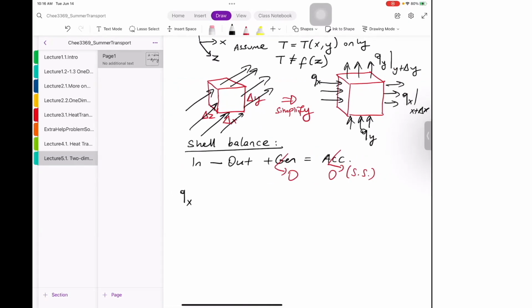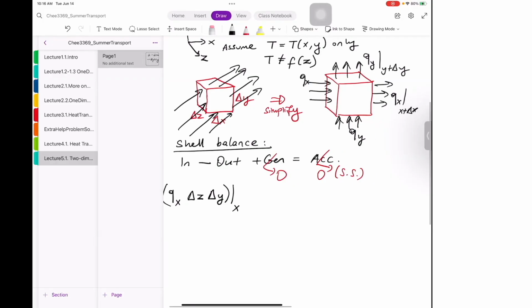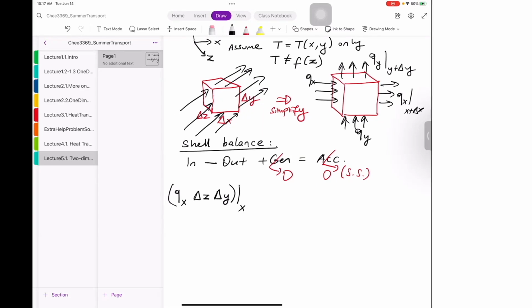Whatever is coming in is qx at x times delta z times delta y, correct? I want to calculate it at x equal to x. You can either add all the ins minus all the outs, or you can do all the ins and outs towards the x direction, and then all the ins and outs towards the y direction. I'm going to do the latter.